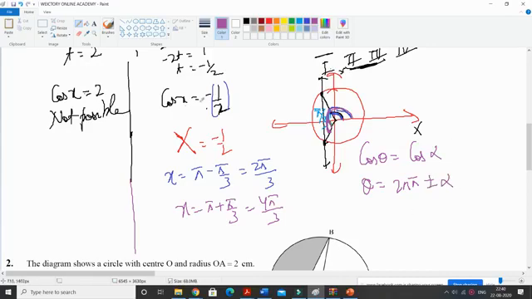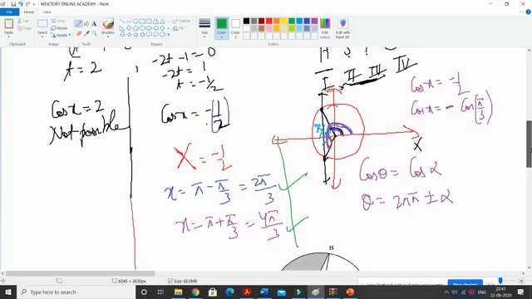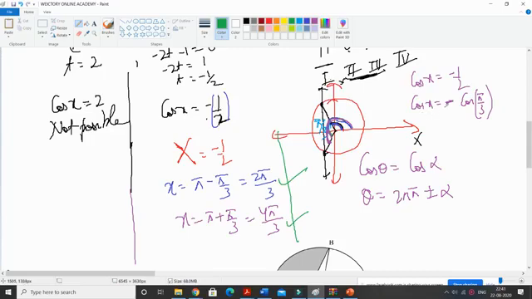So if we need to solve cos x is equal to minus 1 over 2, we can write it as cos x is equal to minus of cos pi over 3, since 1 over 2 is cos pi by 3. I'm teaching you another method to solve. One is the unit circle method. The other method is written as cos x is equal to minus cos pi by 3.